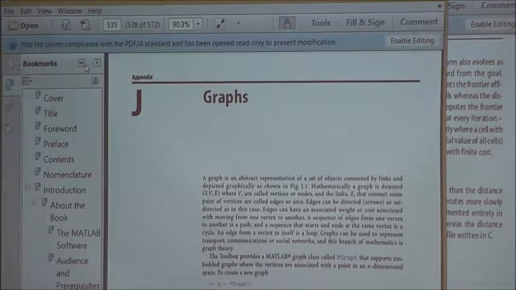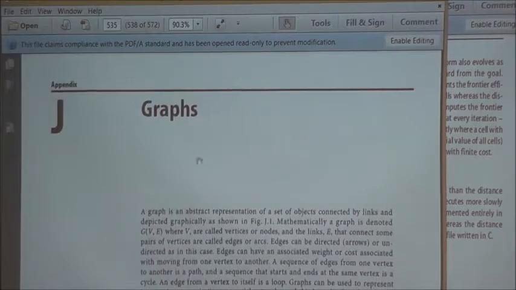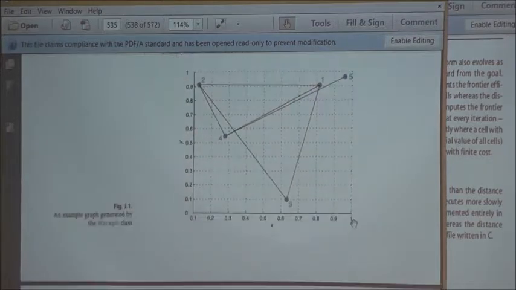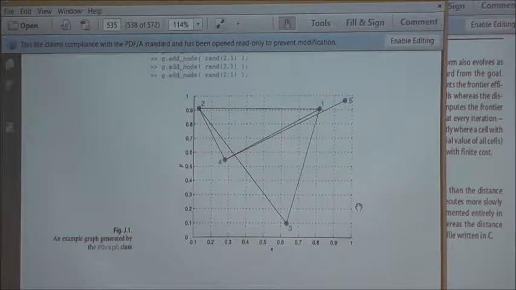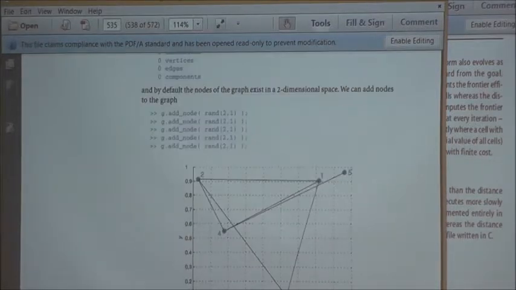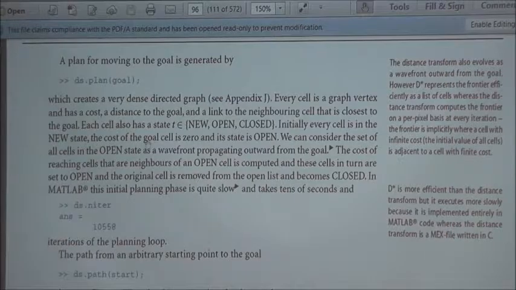Okay. A graph is an abstract representation of a set of objects connected by links and depicted graphically as shown in this figure. So you want to go from point 1 to point 2 to point 3 to point 4 and 5. Here are 5 nodes of a graph, and the lines connected to them are called links. So this idea of graph theory is what has been used here.